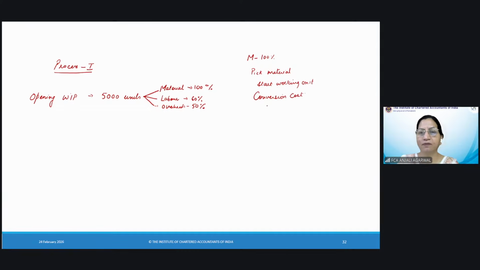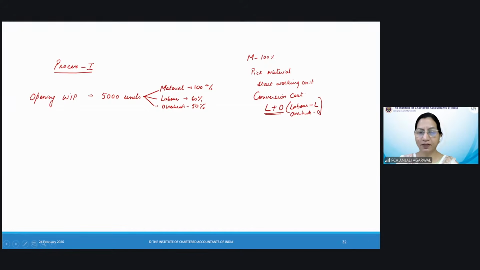Not the material, but the labor plus overheads. I'm writing in short, L for labor and overheads O. And I'll generally use this terminology here. I'll use this short form L and O for labor and overheads now onwards.